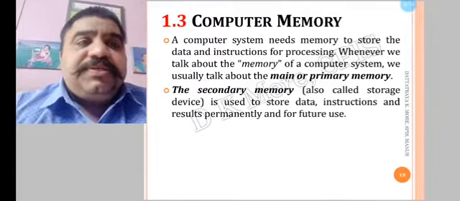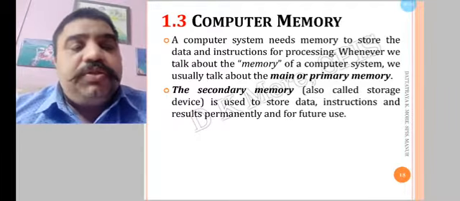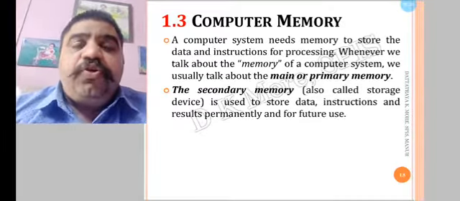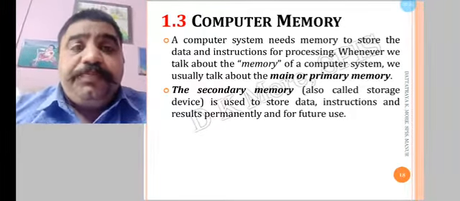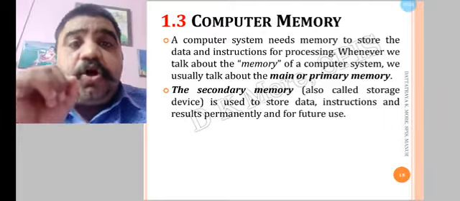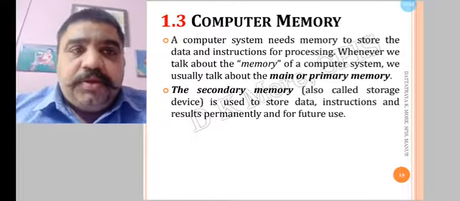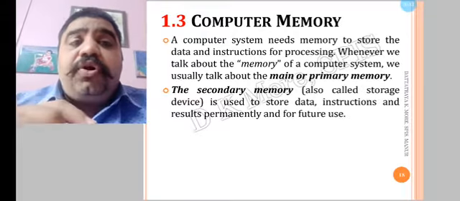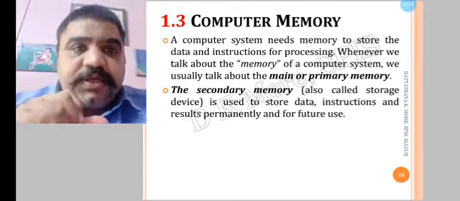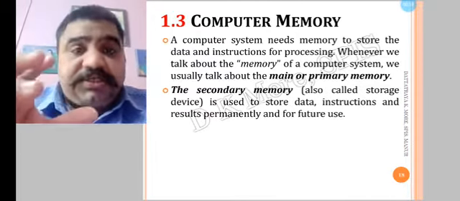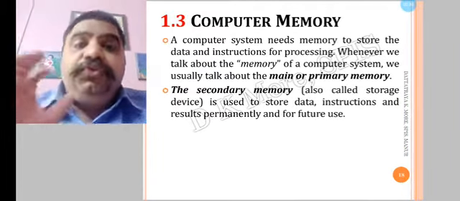A computer system needs memory to store the data and instructions for processing. Whenever we talk about the memory of a computer system, we usually talk about the main memory or primary memory. The secondary memory, which is also called storage devices, is used to store data, instructions and results permanently and for future use.